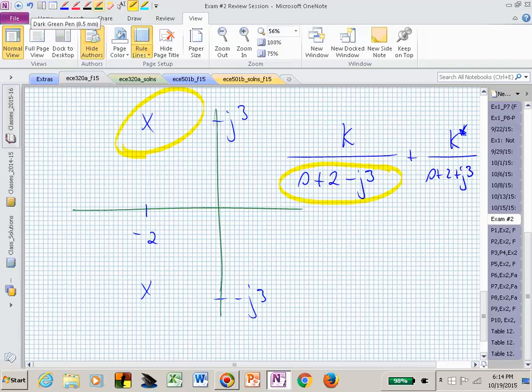If you plug in s equals minus 2 plus j3, that denominator vanishes or equals 0. That's the K that you need. When you use these formulas, they're assuming that you set it up to have K on top of the pole in the second quadrant, and K star on top of the pole in the third quadrant. That should give you your correct sign on your angle.